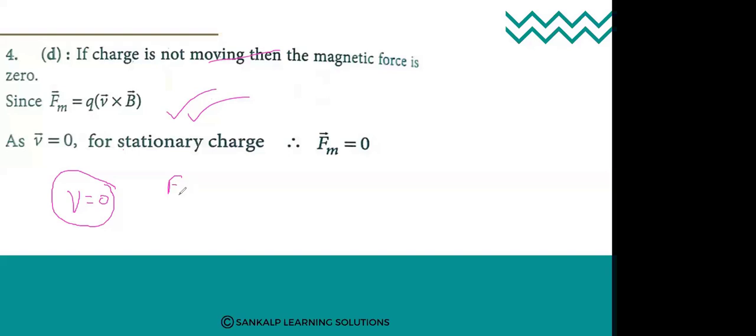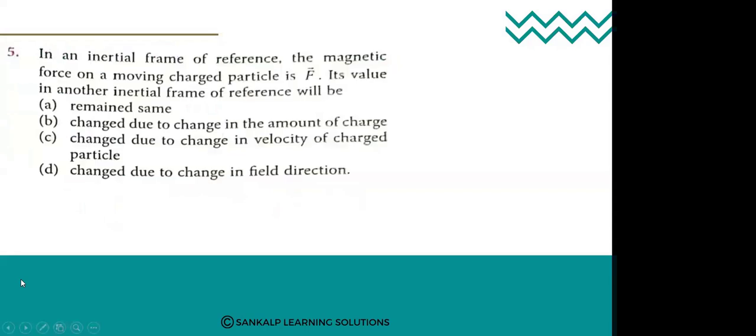The magnetic force is given by QVB, so when the velocity is 0, the magnetic force becomes 0. But in option D, what are they saying? The magnetic force is maximum when the static charge is there. Actually, when the static charge is there, the magnetic force will be 0. So that is not true. Remaining all are true statements.